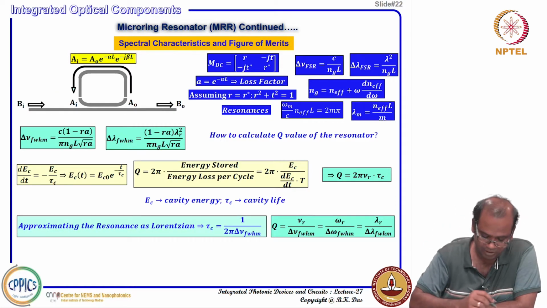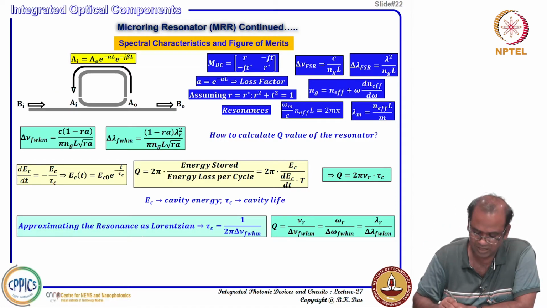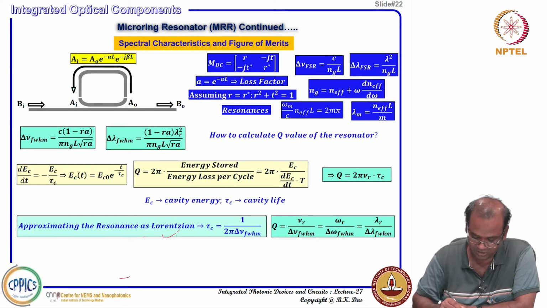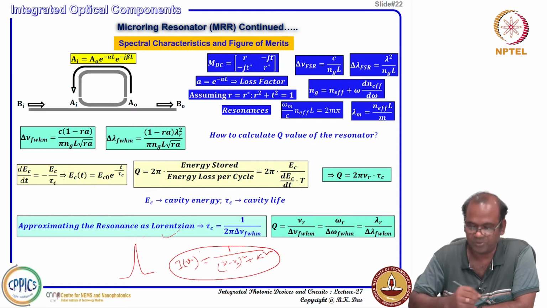Now, we can approximate the resonance as a Lorentzian shape. Normally a Lorentzian shape goes as 1 over nu minus nu naught squared plus some constant. If you consider the spectral density I nu proportional to this, it is a Lorentzian shape.